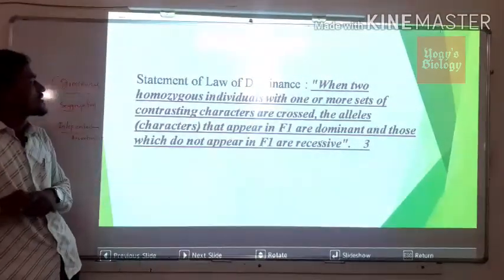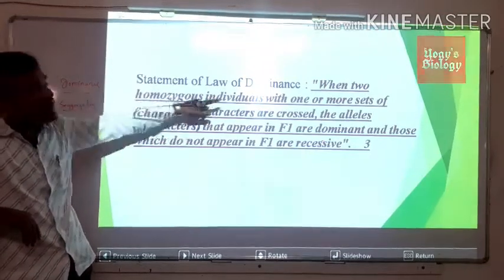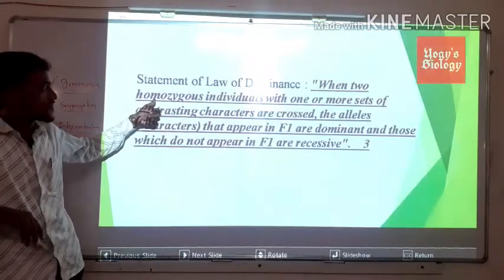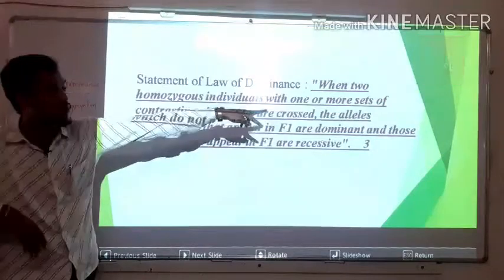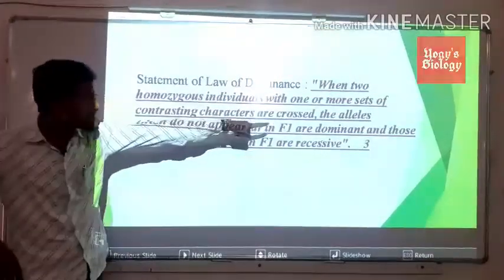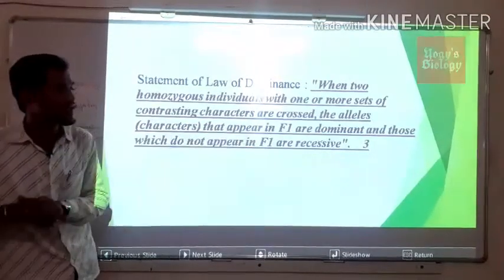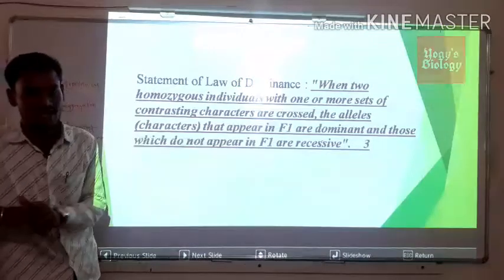Let's listen once more. Homozygous individuals with one or more sets of contrasting characters are crossed. Then the alleles or characters that appear in F1 are dominant and those which do not appear in F1 are recessive.